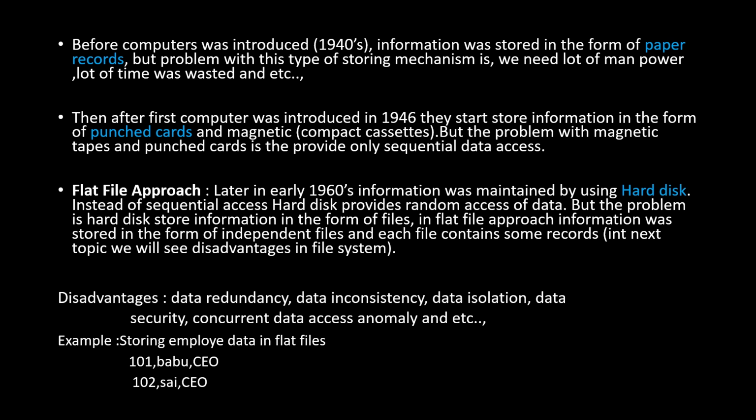So the disadvantages of this flat file approach are data redundancy, data inconsistency, data isolation, data security, concurrent data access anomaly, and etc. Example, we store the employee data in a flat file as 101 Babu CEO and 102 Sai CEO.